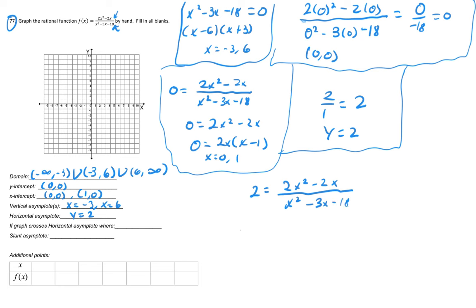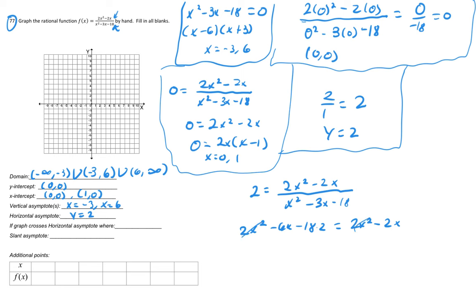Multiply the denominator over, so we get 2x squared minus 6x minus 18 times 2 is equal to 2x squared minus 2x.